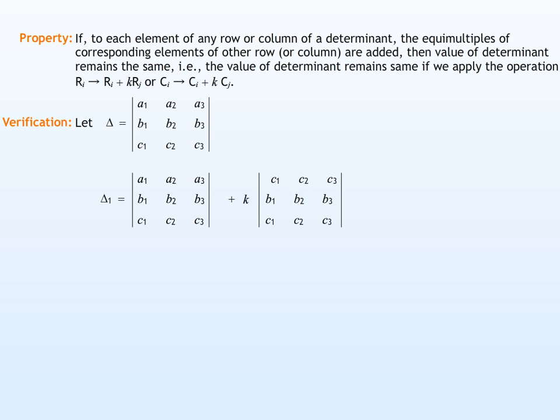Taking k common from row 1 of the second determinant and using the property that the value of a determinant is 0 when 2 of its rows are identical, we have delta 1 equals delta plus 0. Hence, the property is verified.